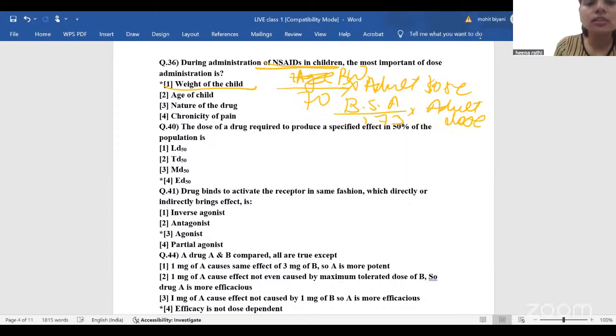So for any children, for any elderly people, for females, we have to modify the dose of the drug according to the body surface area and according to the body weight. So according to the weight of the child, we have to modify the dose of the drug. Next question.